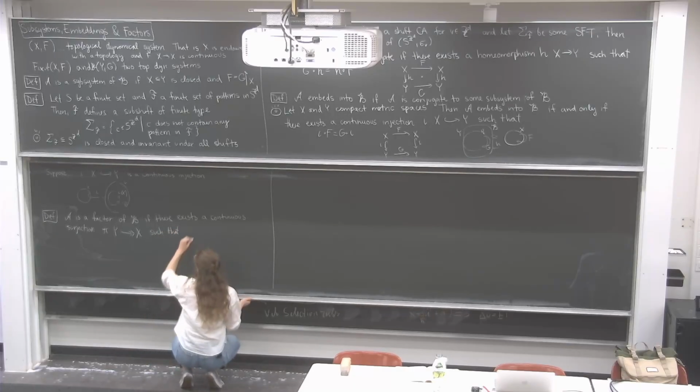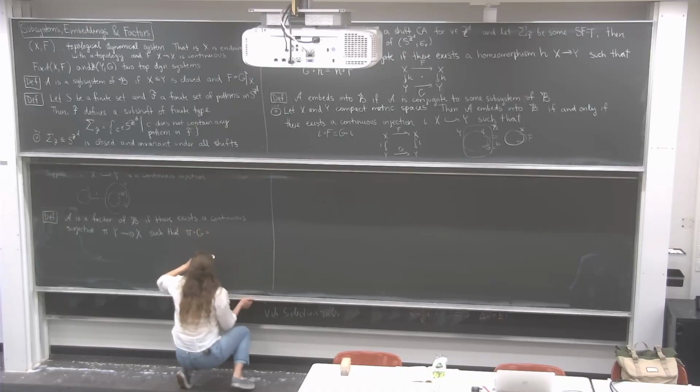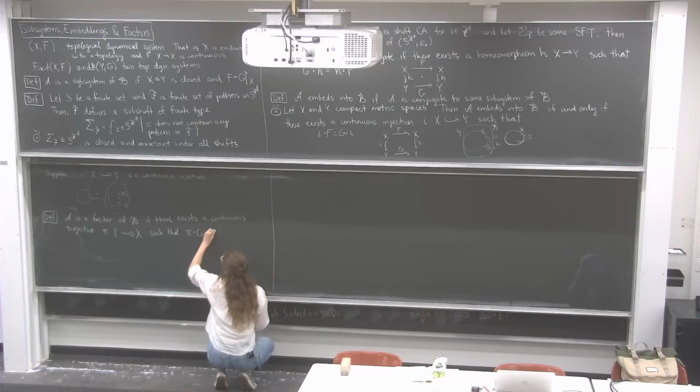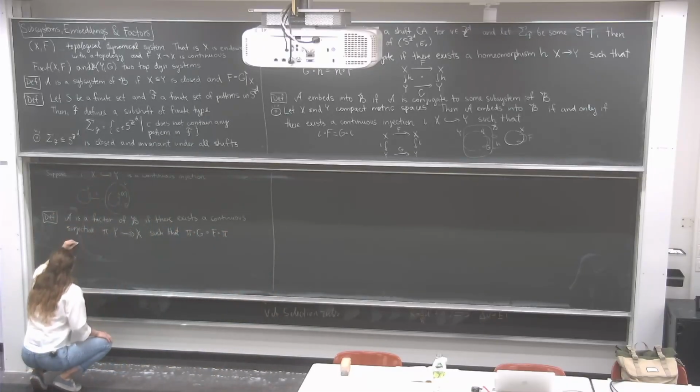So we can either apply G and then project, or we can first project and then apply F. So in the diagram sense, now we have Y onto X.